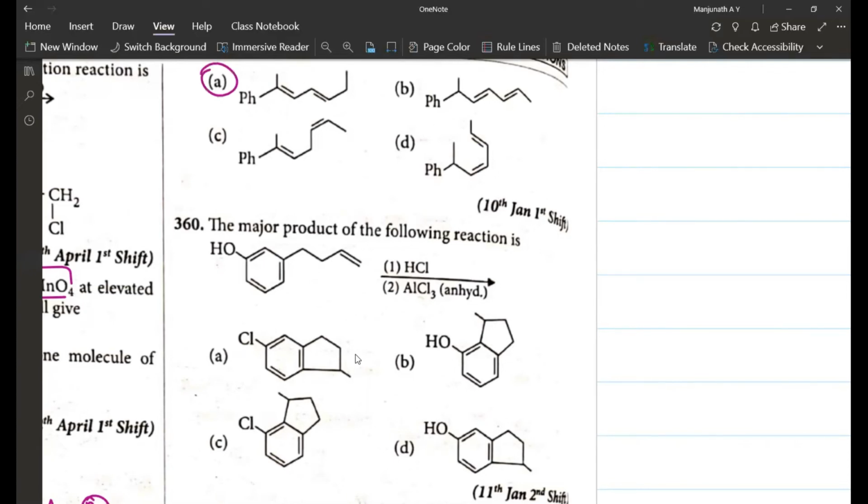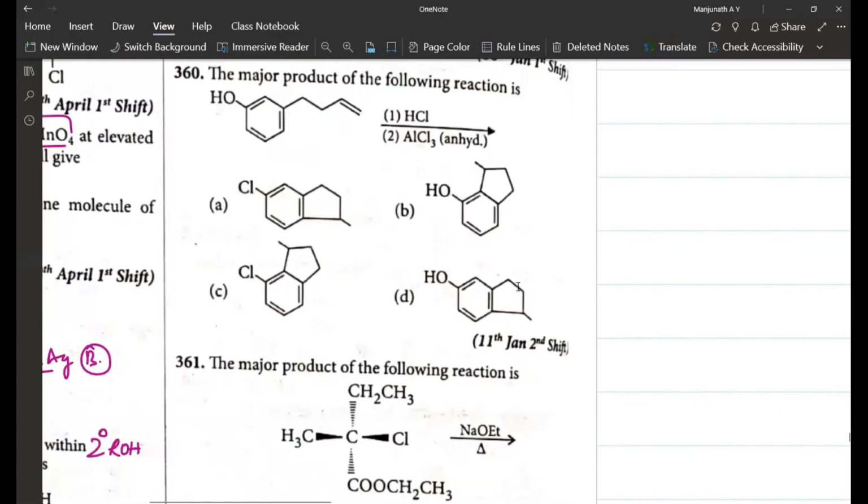So we go ahead. See, next question. The major product of the following reaction is. This Friedel-Crafts reaction is such a favorite of theirs. You should know. First thing here, they have coupled, slightly, addition of HCl to the double bond. Electrophilic addition reaction. What should be the product?